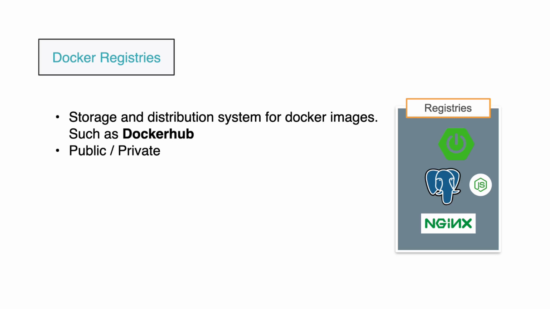So I'm going to show you exactly the difference here, but basically public means that your image is publicly available. So if you've seen, for example, Postgres, Node, Python, pretty much all the images that we've been using, they are public. So anyone can pull those images and basically just do whatever they want to do with it, right?